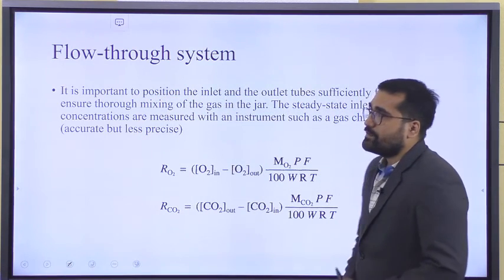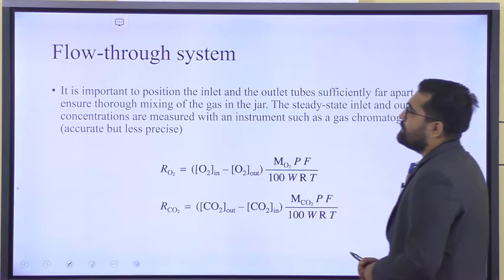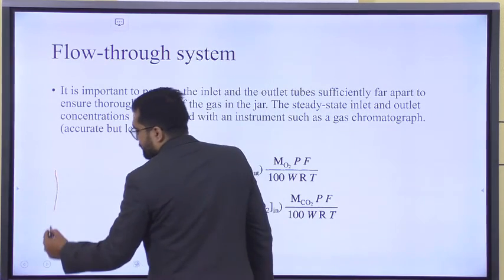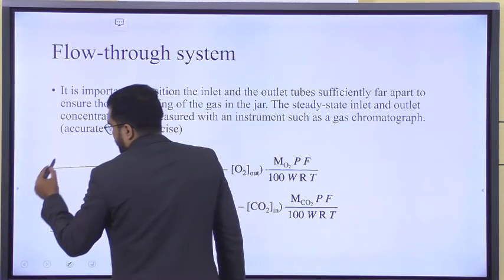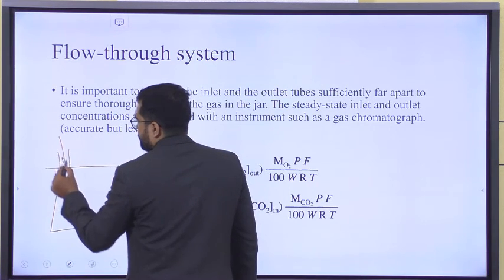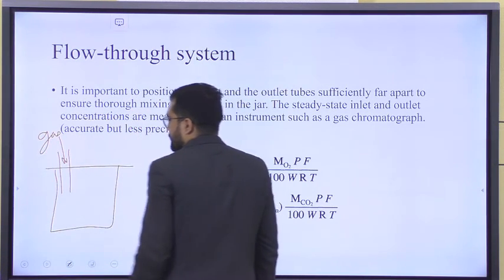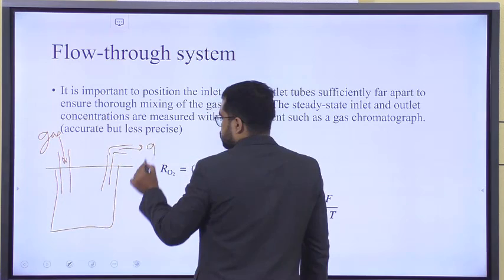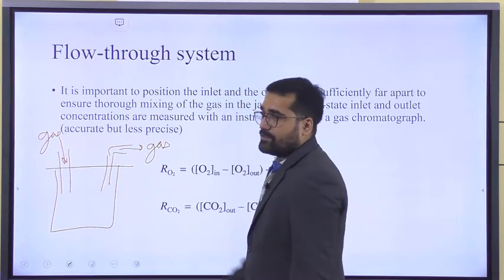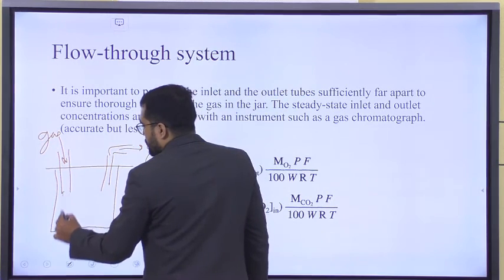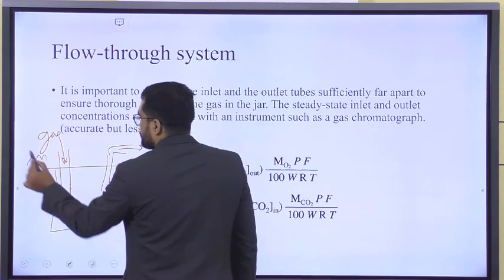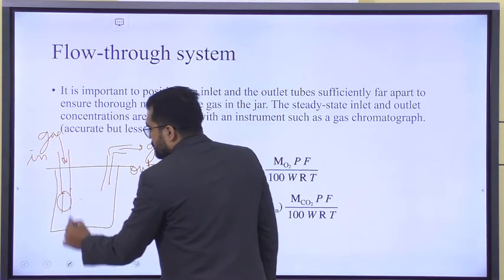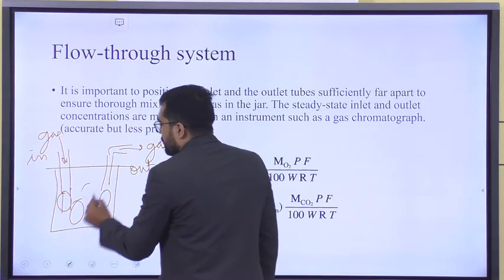So when we are talking about flow through system, it is very important where we are positioning the inlet of our gas. This is a flow through system, right? So here we are supplying the gas, and we are taking gas out from here. But we have to keep the position of this inlet and outlet very precisely, so that the mixing of gases will occur uniformly inside our packet.